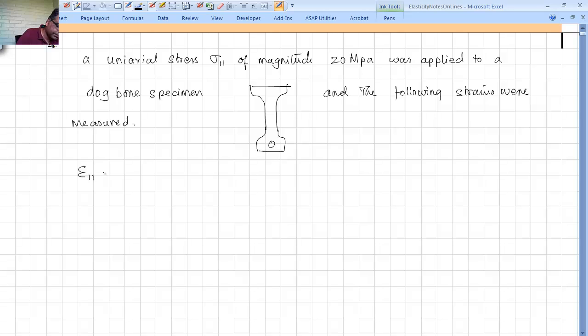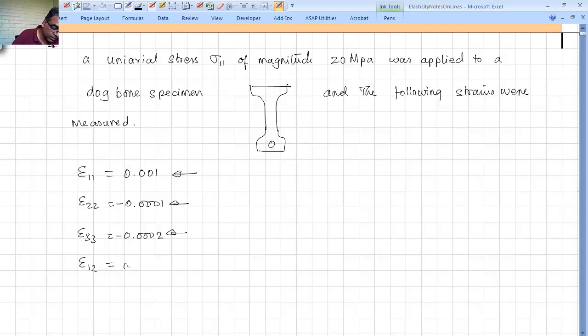Epsilon 11 equals, let's put some number, 0.001. Epsilon 22 equal to negative 0.0001. Epsilon 33 equal to negative 0.0002.